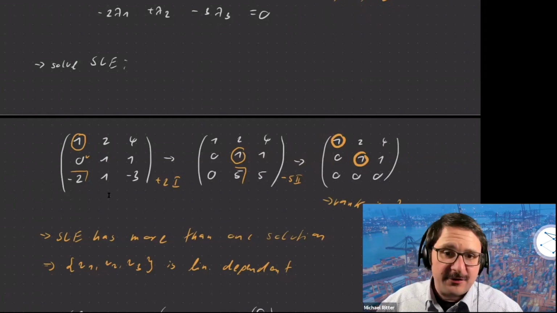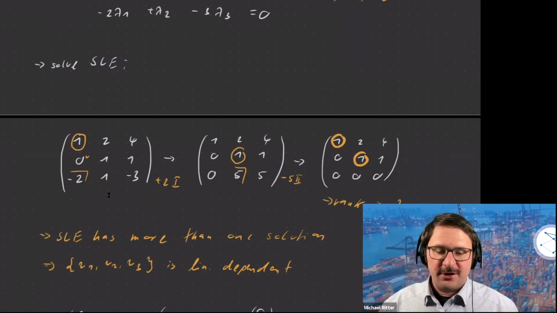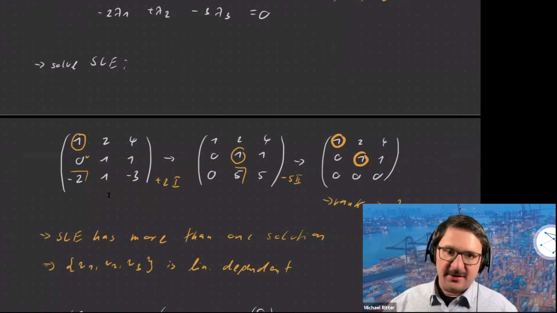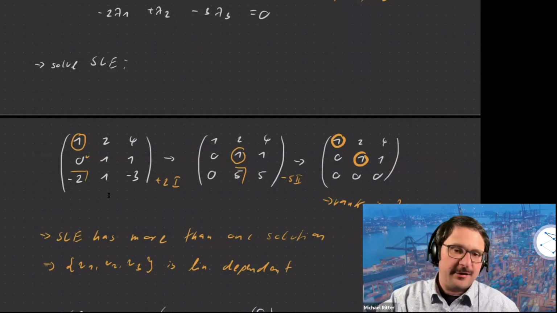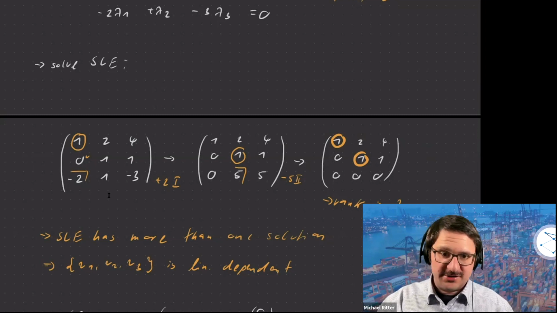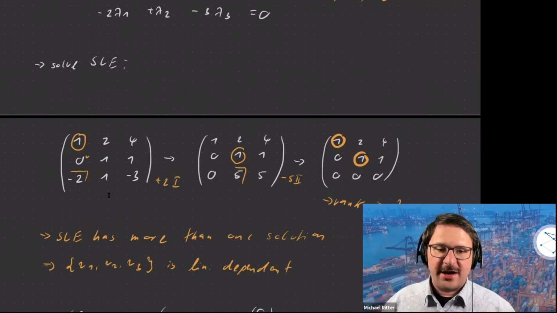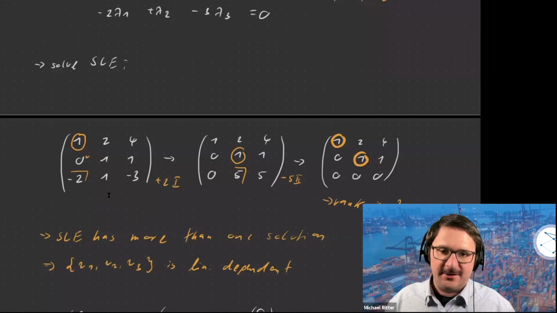And the matrix is a 3 by 3 matrix. So the number of solutions is basically determined by the number of columns, or the number of variables, and the rank. If those are equal, then there's a unique solution for the homogeneous case. If the rank is lower, then there are 3 variables, and that always means more than one solution. So that's the case here.